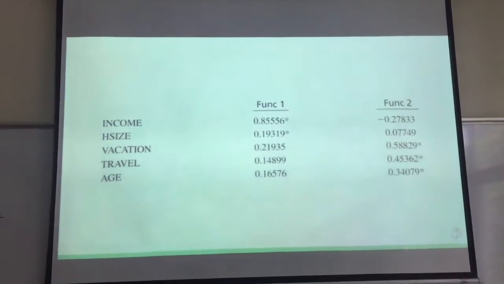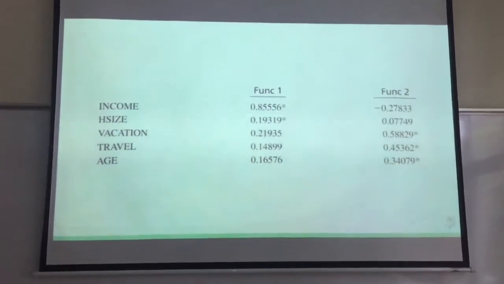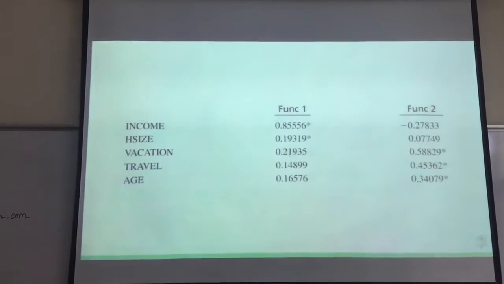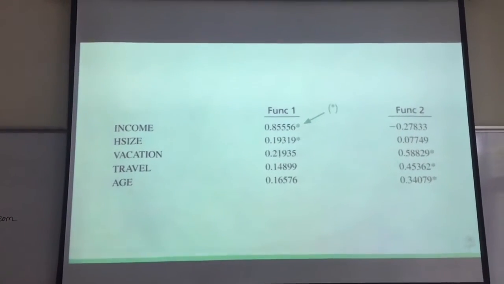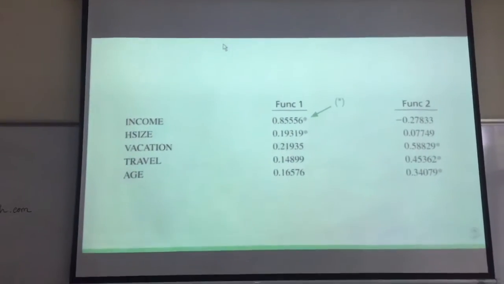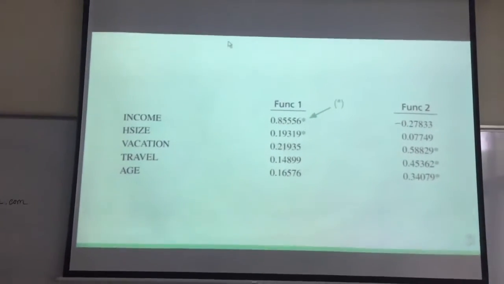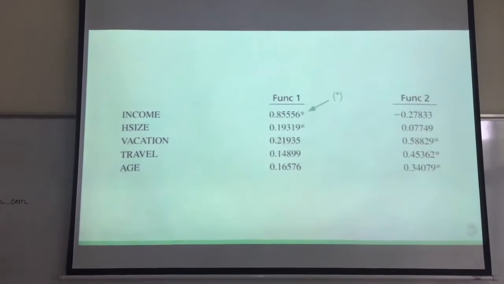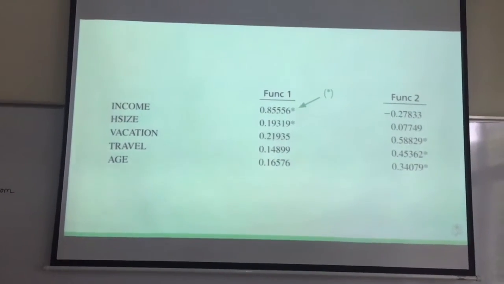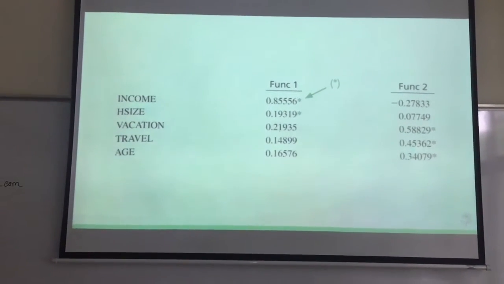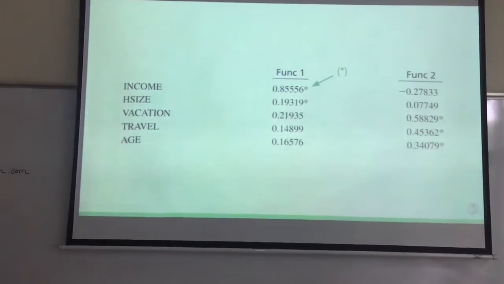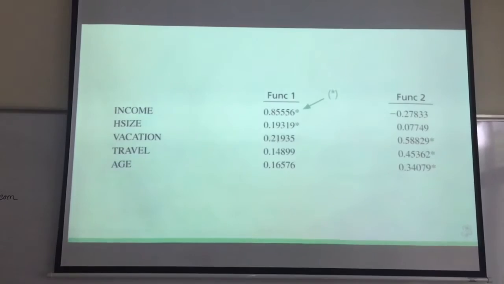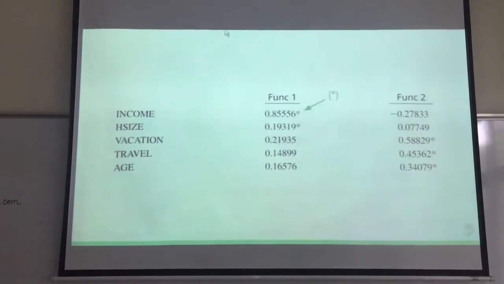And to help interpret the functions, variables with large coefficients for a particular function are grouped together, and these groupings are shown with the asterisks right here. And thus, income and household size have asterisks for function 1, because these variables have loadings that are larger for function 1 than for function 2. And these variables are associated primarily with function 1. And you can see travel, vacation, and age are associated with function 2, as indicated by the asterisk.